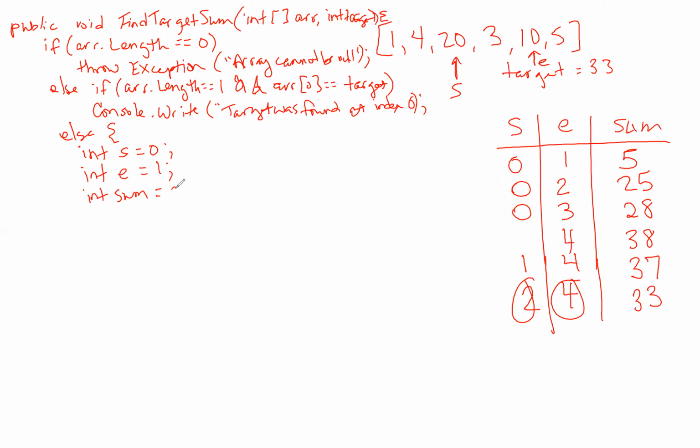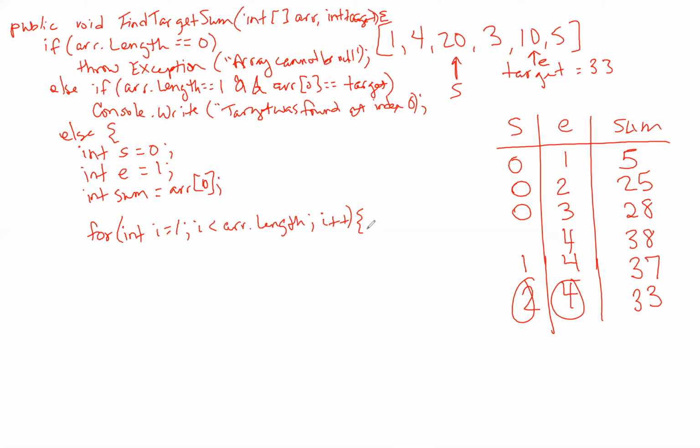And we'll start that at the first value of the array. Okay, so what we're going to do is go into a loop and start checking. So we can start i at 1, since we already included the first value. i is less than array.length, i plus plus.